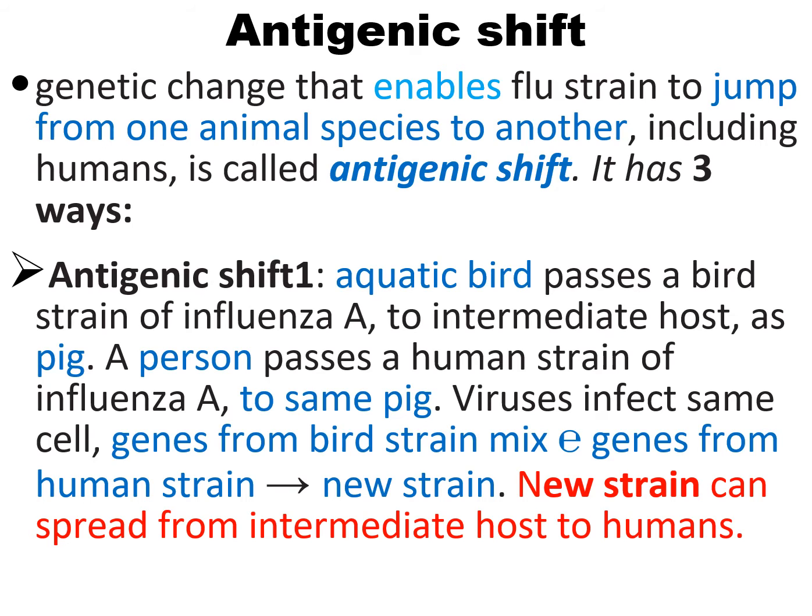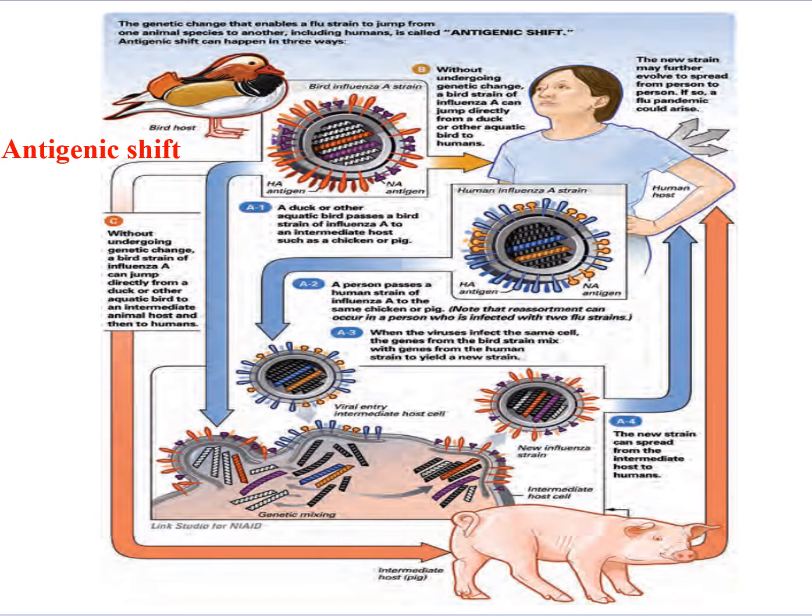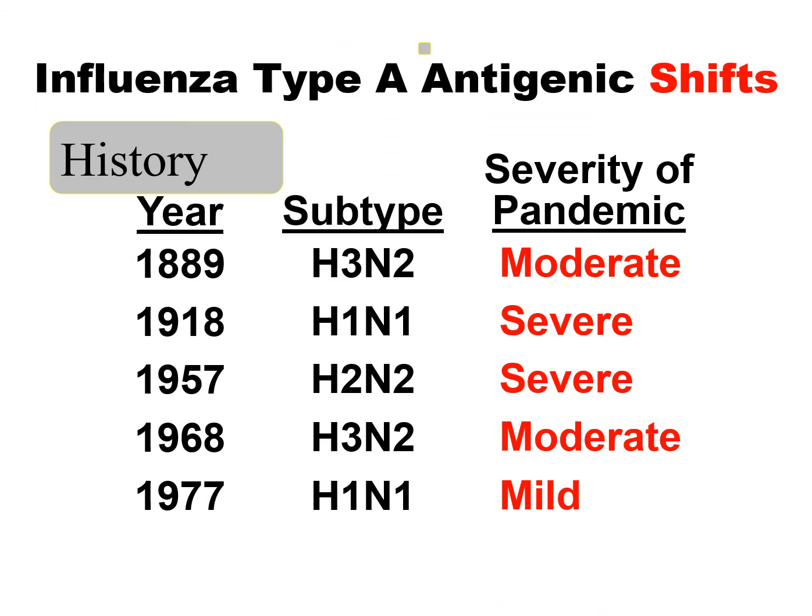New strain can spread from intermediate host to humans. This explains the antigenic shift. So from the bird to the pig, from the human to the pig. These inside the pig mix and make a new virus.